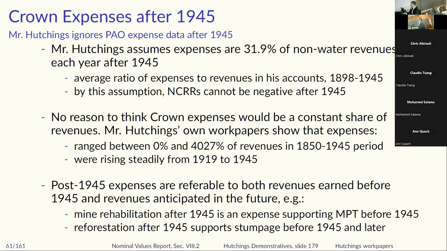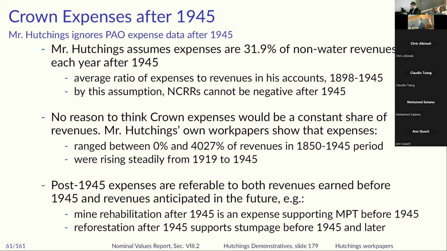Indeed, if you look at Mr. Hutchings' own work papers for the years from 1850 to 1945, that share of expenses to revenues varies widely from year to year. It varies between 0% in at least 1 year to a maximum of 4,027%. In other words, there's 1 year in which expenses were 40 times as high as revenues in that year.